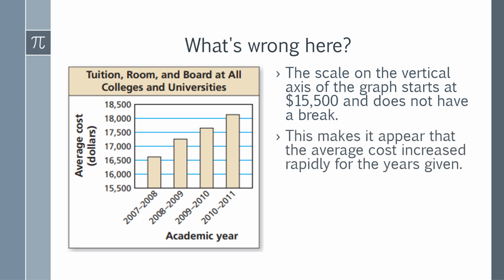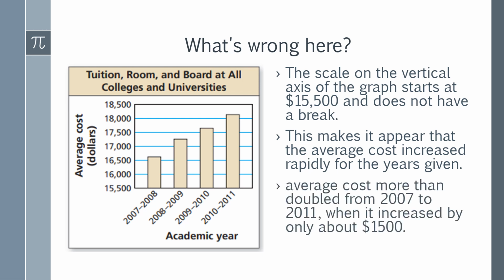Another thing I said is this makes it appear that the average cost increased rapidly for the year given. So it makes it look like a big old increase, but if you're looking at this graph, it doesn't look much like an increase. But it appears that way because of how it's presented.